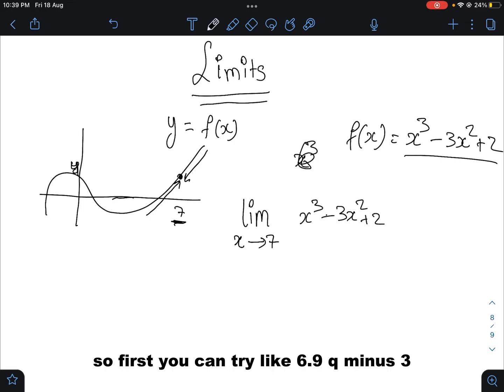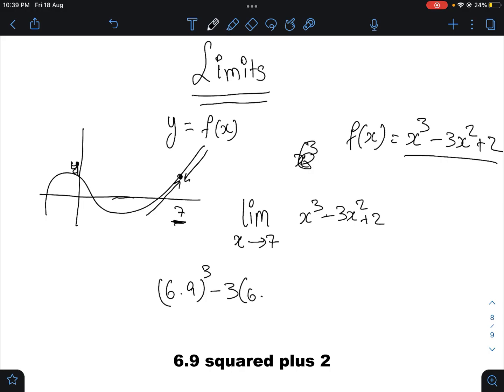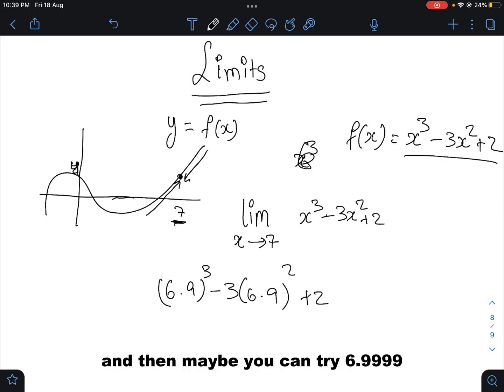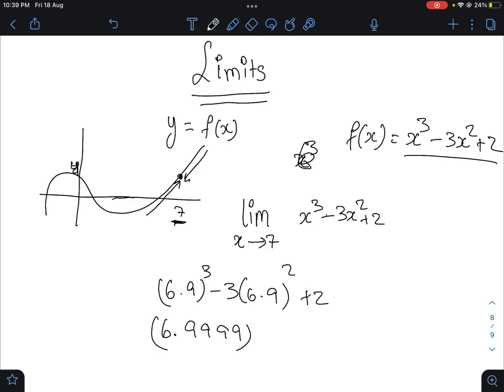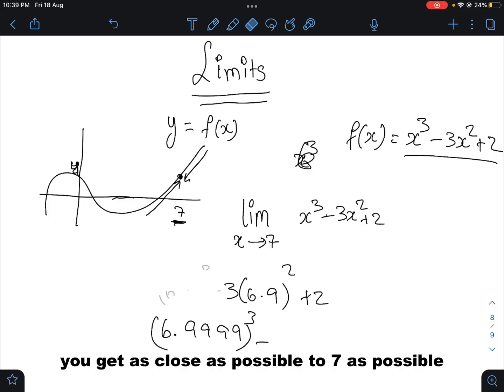So first you can try 6.9 cubed minus 3 times 6.9 squared plus 2, and then maybe you can try 6.9999. So you get the point. You get as close as possible to 7.